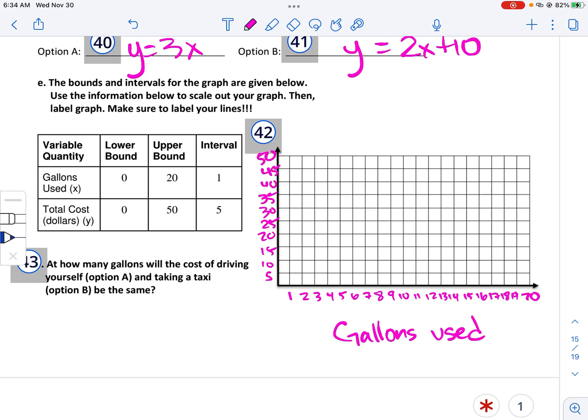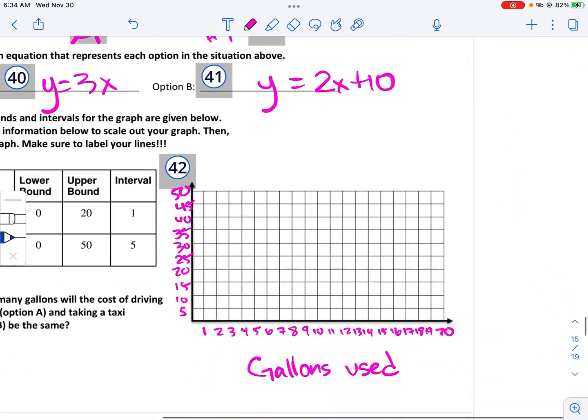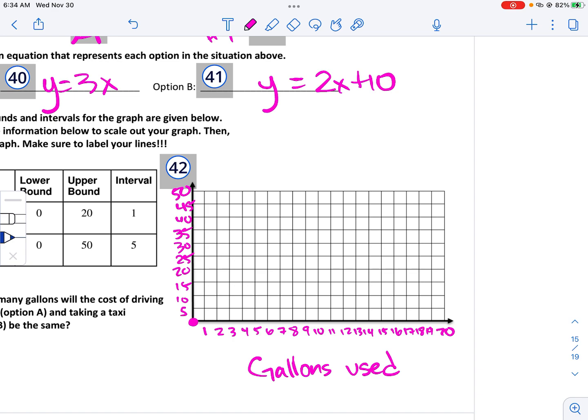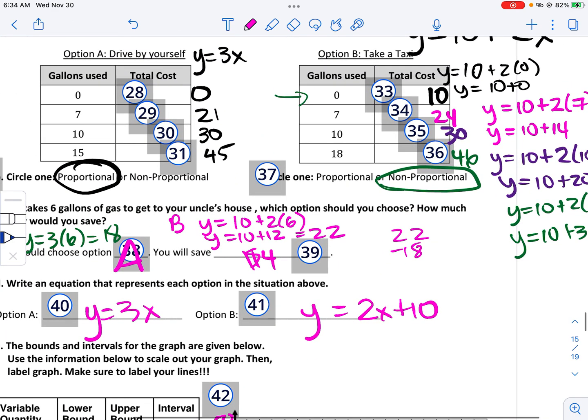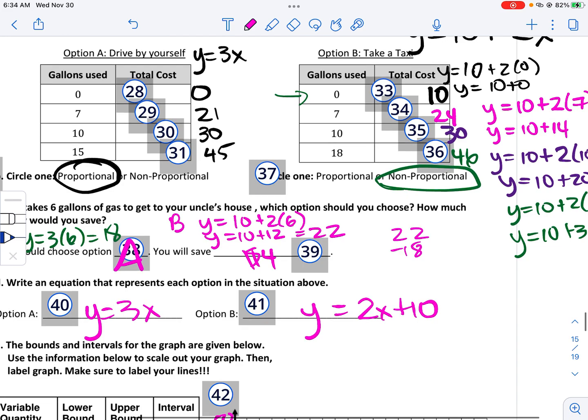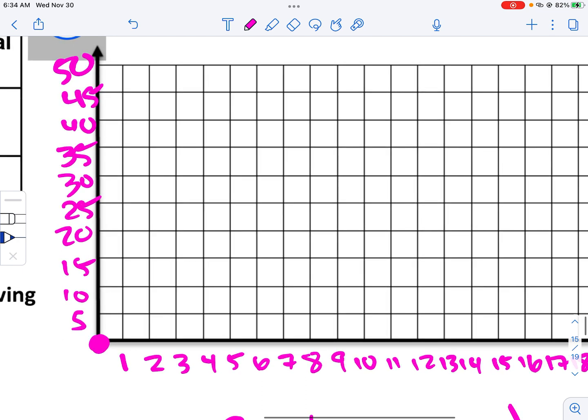And we're going to graph it. So the first one, 0, 0. Right here. The next one goes through, oh, I don't want to do 7 because that, oh, I can do 7. 7, 21. 7, 21 is probably, ooh, just a, oh, I didn't mean to make it that big.